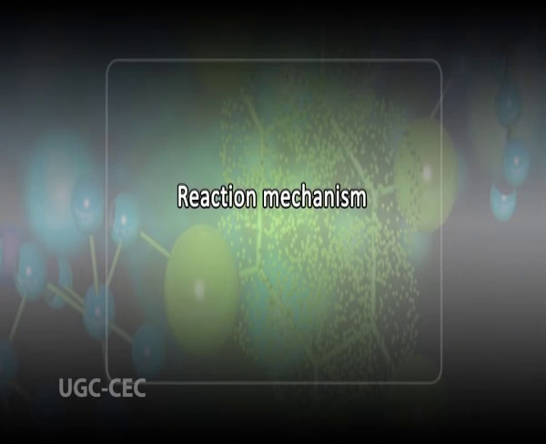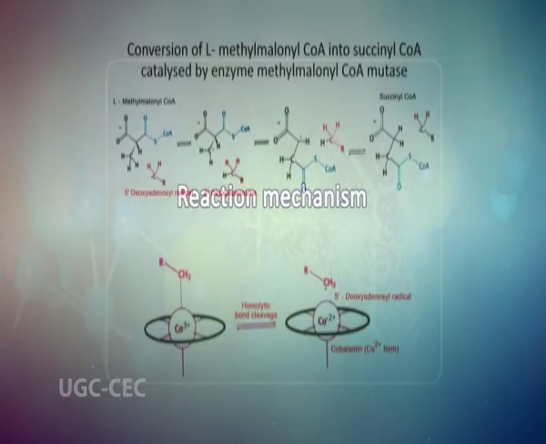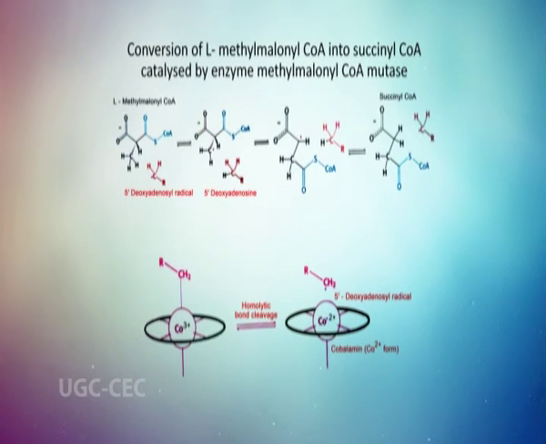Next is the reaction mechanism. In this reaction, methylmalonyl-CoA mutase catalyzes a rearrangement reaction to form succinyl-CoA. The rearrangement reaction catalyzed by this cobalamin enzyme is an exchange of two groups attached to adjacent carbon atoms.